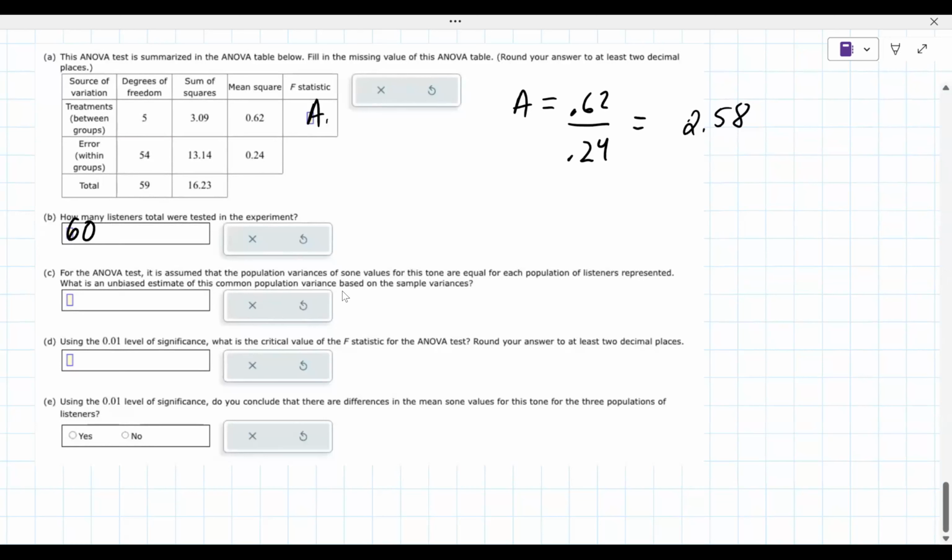The degrees of freedom, that's the one I would go off of. For the ANOVA test, assume that the population variances of the values for this tone are equal for each population of listeners represented. What is the unbiased estimate of this common population variance? We'll go with 16.23.